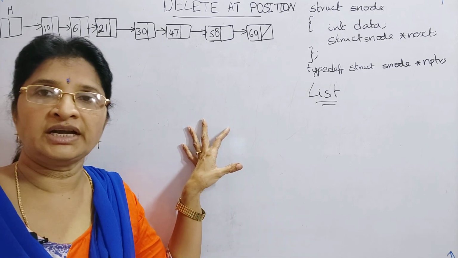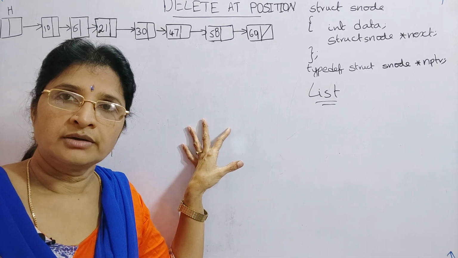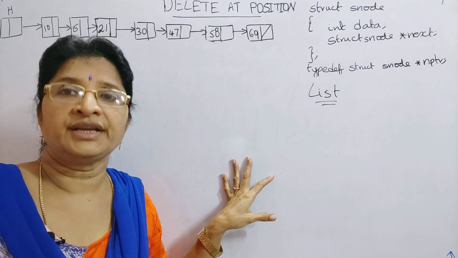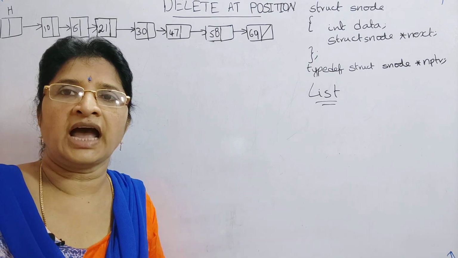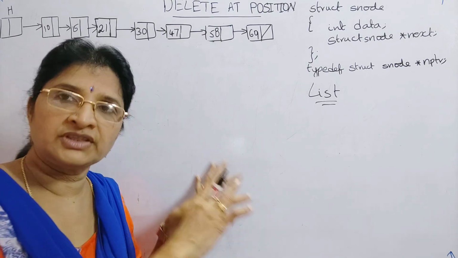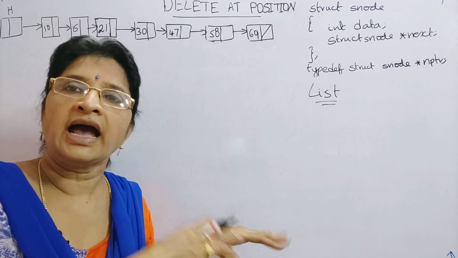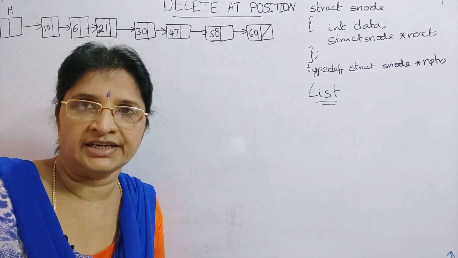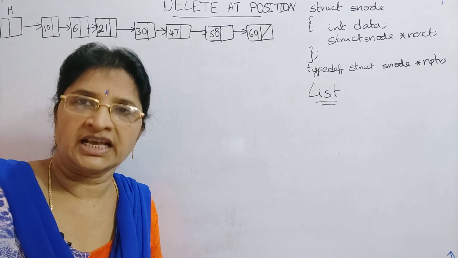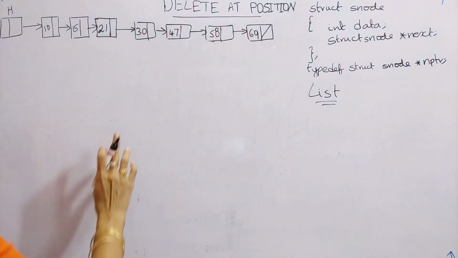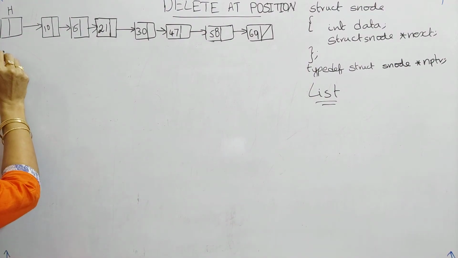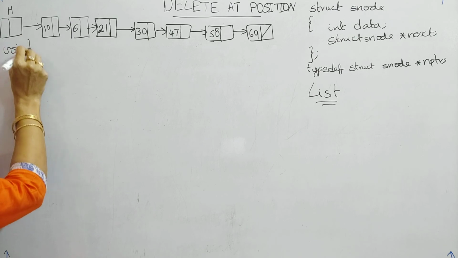So here I am writing the program such that it is not returning any value. I will display the messages within this function itself, and I will free the memory of the node that has been deleted. That's why I am giving the return type as void.